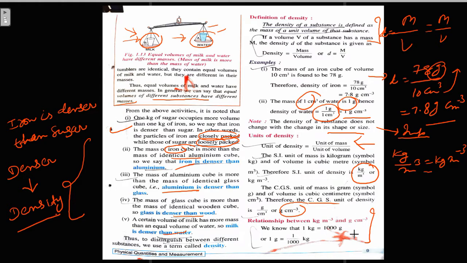We know 1 kg equals 1000 gram, or 1 gram equals 1 upon 1000 kg.